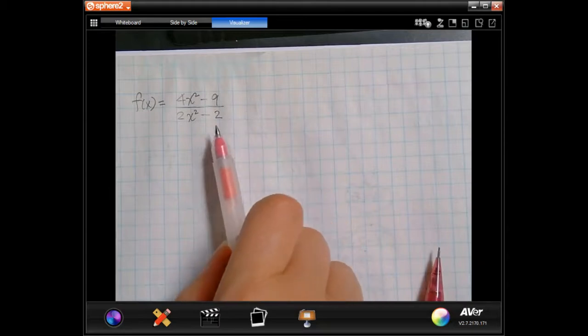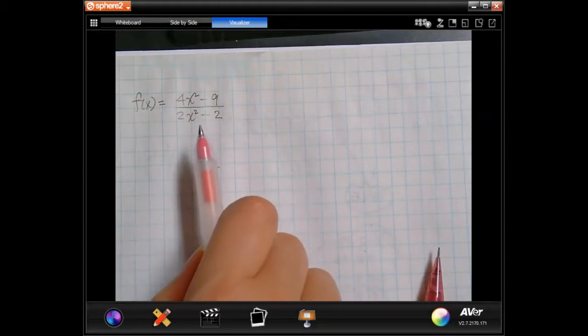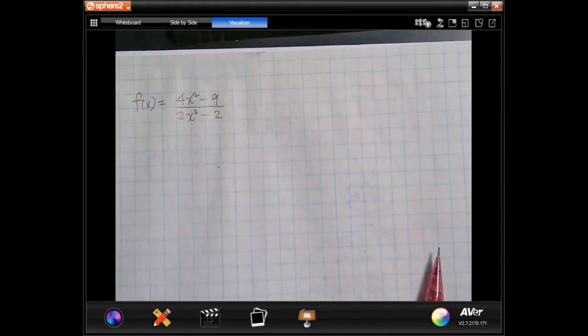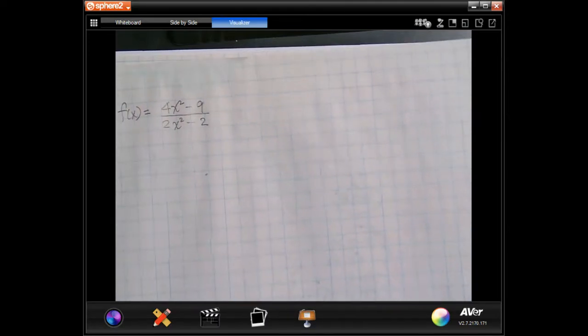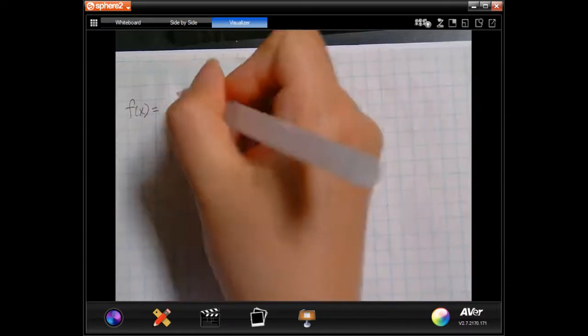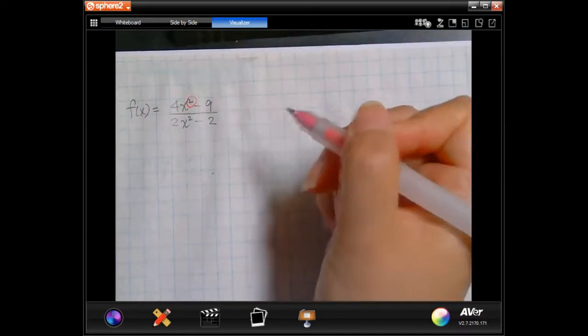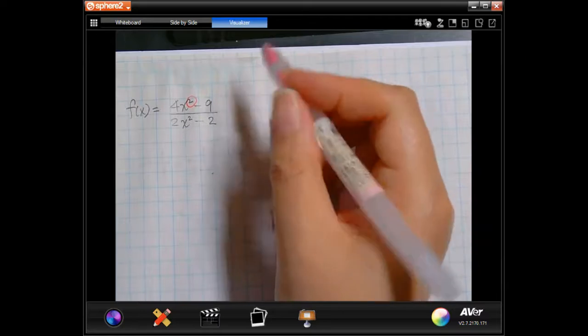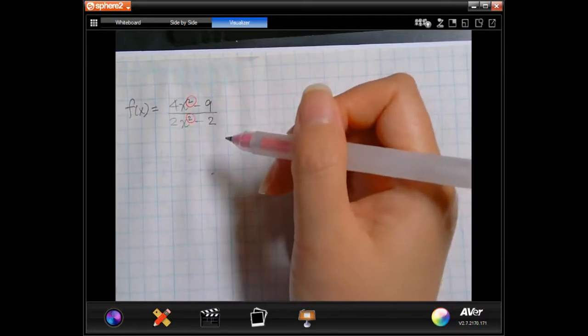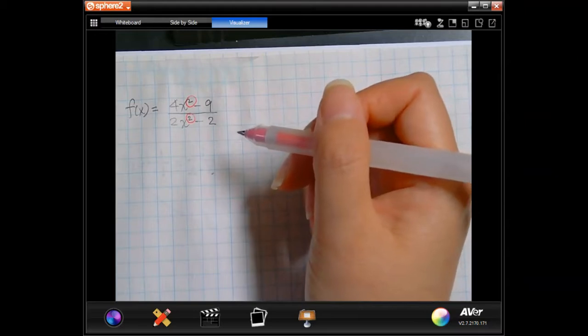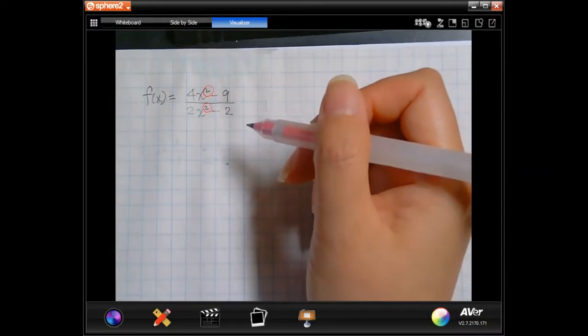Now, before that, let's talk about the horizontal asymptote cases. The previous one was bottom heavy, but what is the case for this one? The degree on top is what? 2. The degree on the bottom is what? Also 2. So it's not heavy on one side, they're equal.